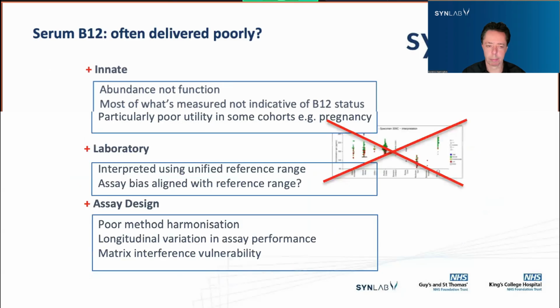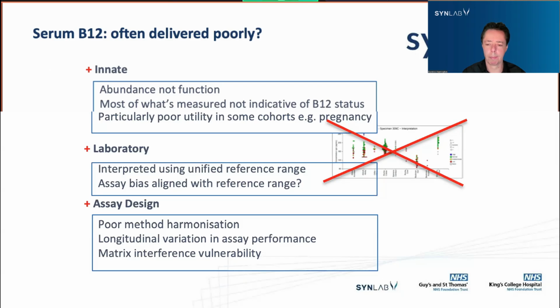So there are many reasons why you should think about the utility of the serum B12 assay and that you should use it carefully. And if you are going to use it, deliver it well. Think about your reference intervals, for example.